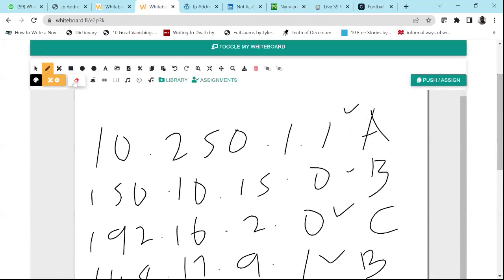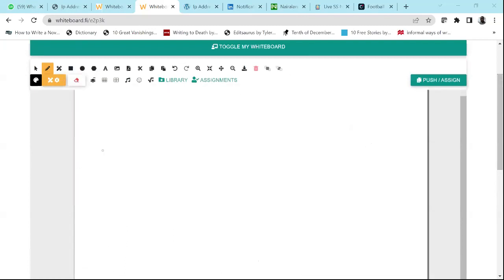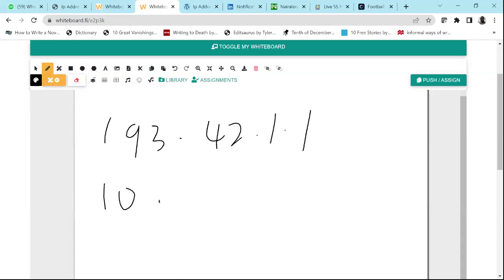All right, let's try public and private IP addresses. So we have 193.42.1.1. Is this a public or a private IP? The first one is public.